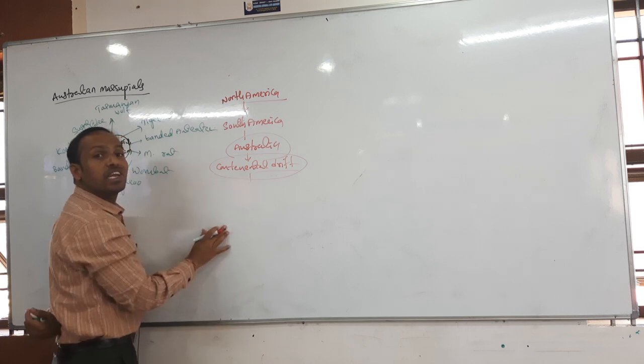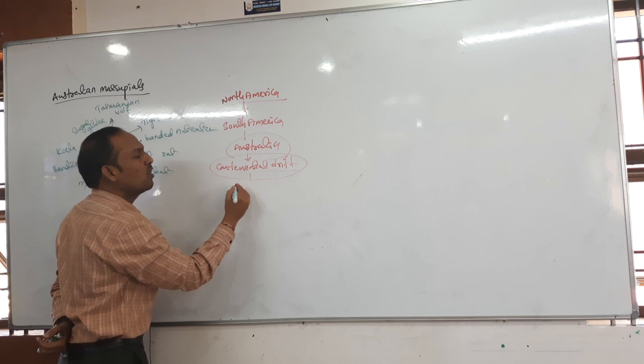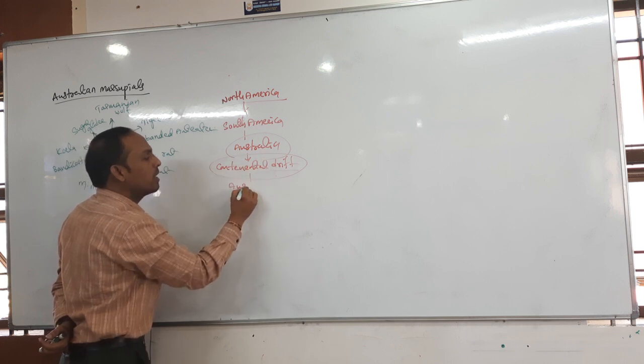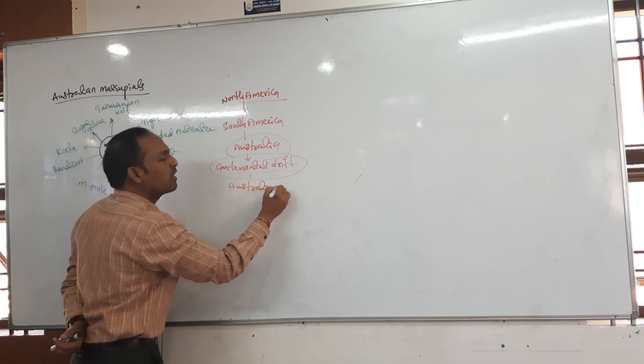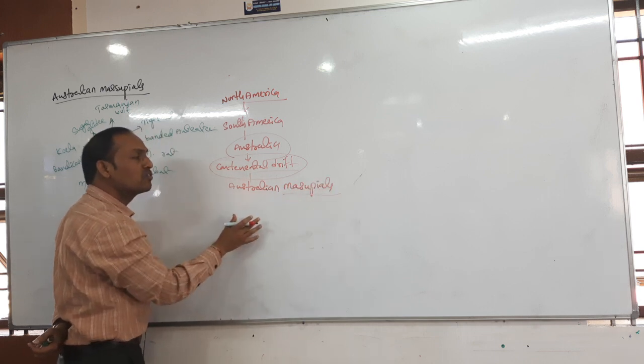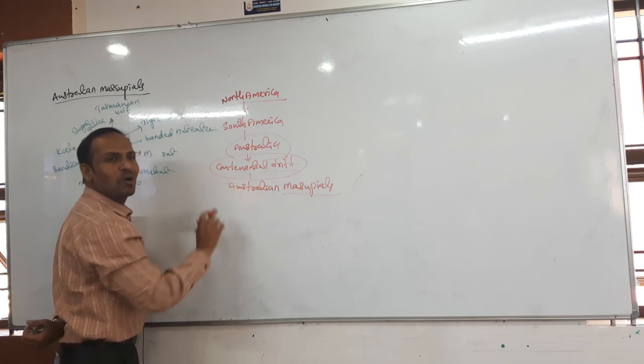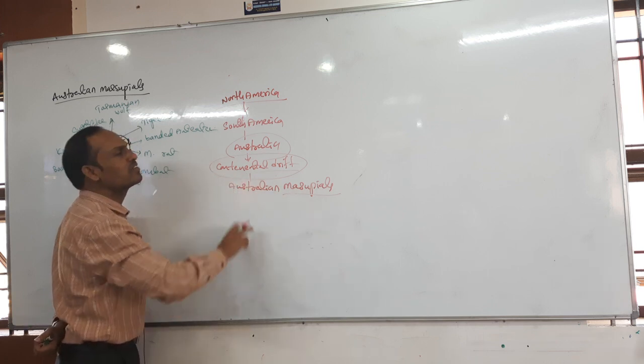That is why Australia is now called the land of marsupials. Why are marsupials settled in Australia? Because there is no competition with other animals. That's why they could settle in Australia.